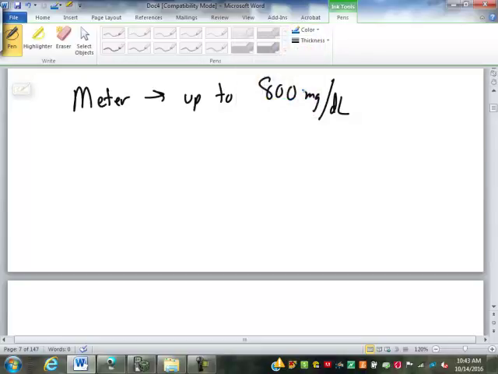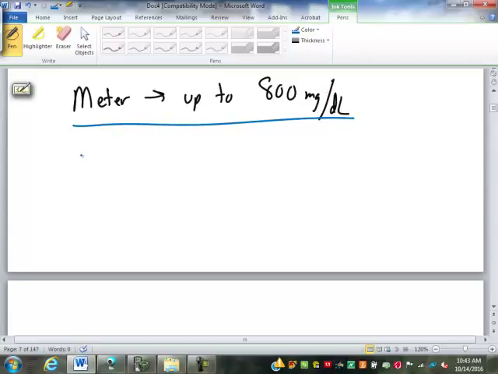So let's say we take a sample of blood from a patient, we test it, and the meter gives us an error. It says it exceeds the meter. So what we can do is we can dilute that blood and test it and then work backwards. So let's assume we have that patient that their test has exceeded the meter.